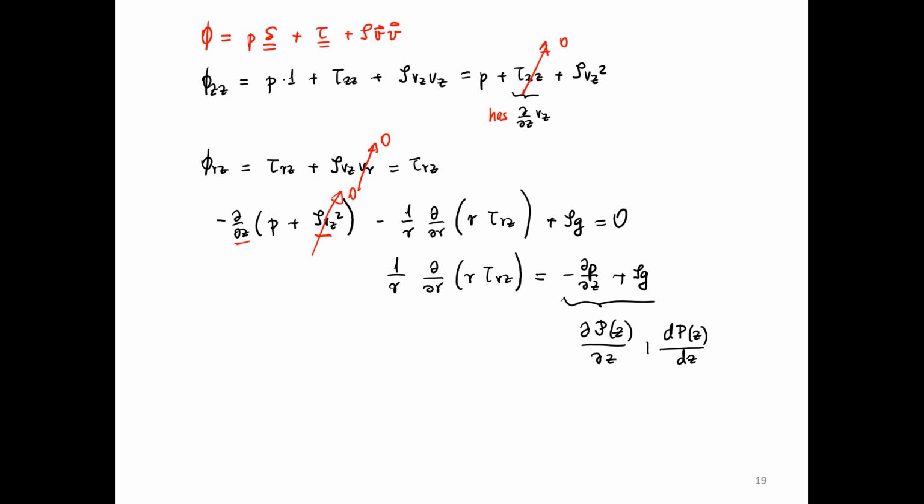So I will interchangeably use partial derivatives and derivatives of single variables, because again we have dependence only on one variable, though this is a more general way to state this. So in any event, my P of Z is going to be defined as flow potential: P of Z minus rho g z.